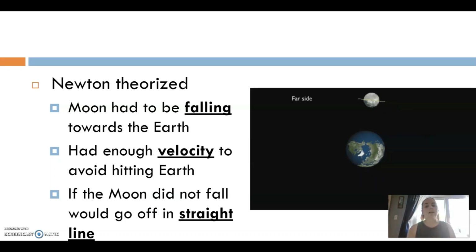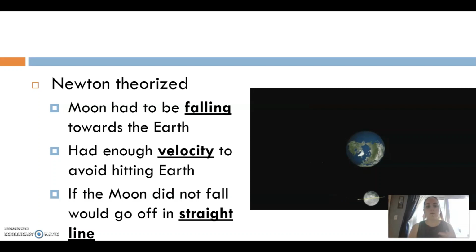Not only that, but the moon had to have enough velocity to avoid hitting the Earth. If it had any less, it would crash towards the Earth. If it had any more, it would shoot off on a different tangent towards space.